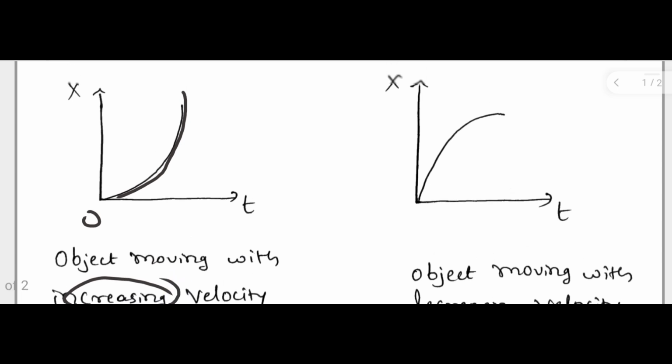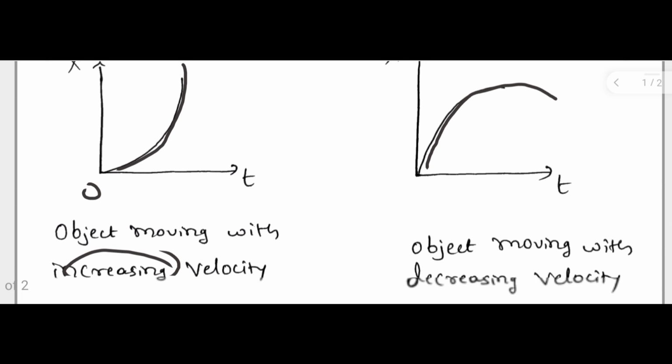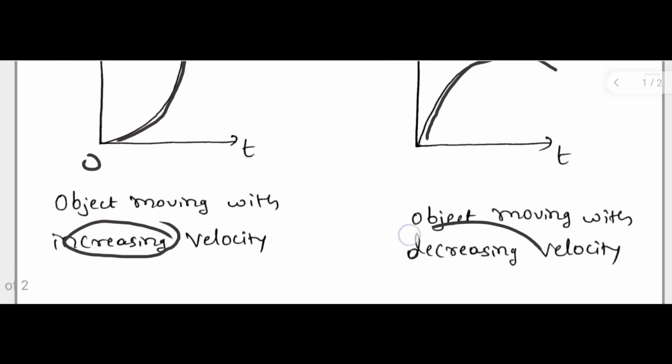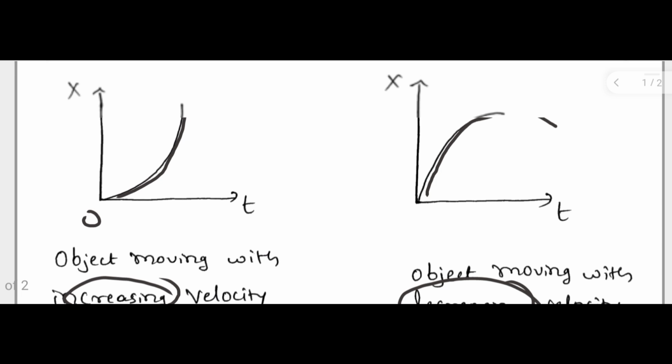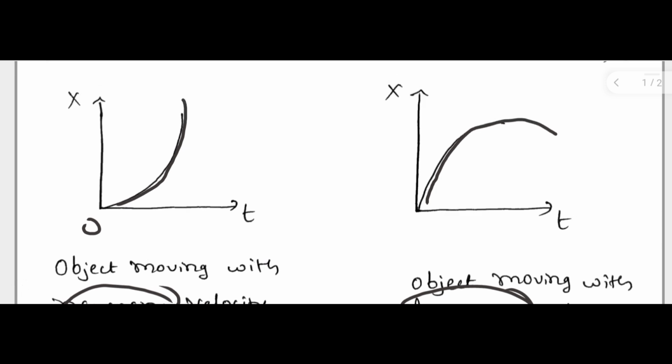And in this graph, the object is increasing for a certain interval, and after that the graph is decreasing. It means the object is moving with decreasing velocity. These are the graphs indicating position time graphs.